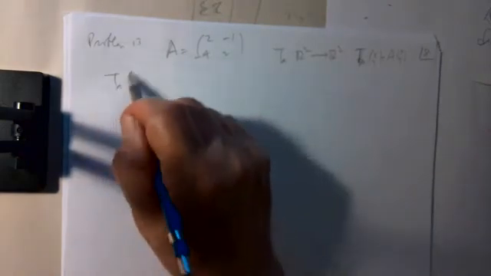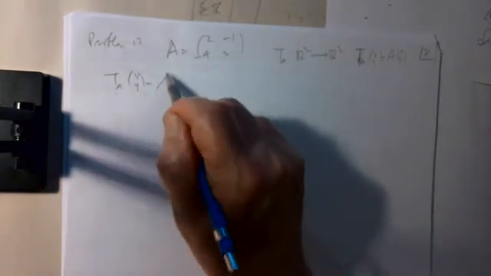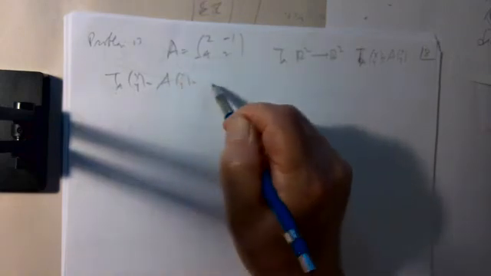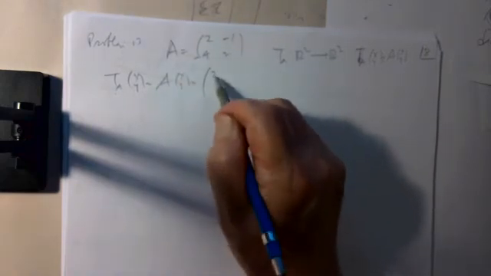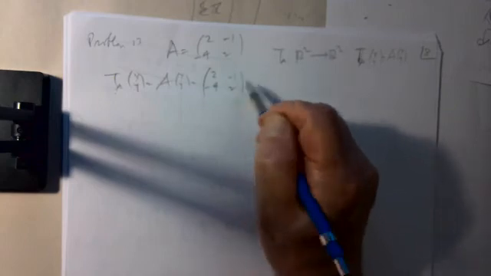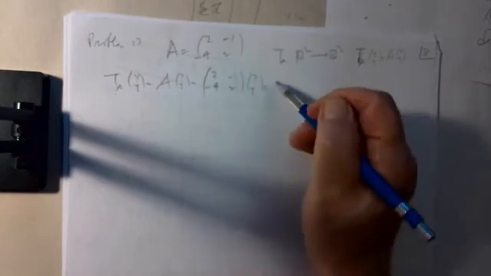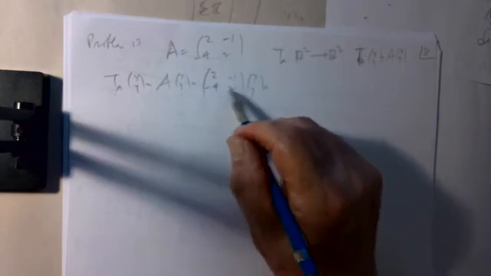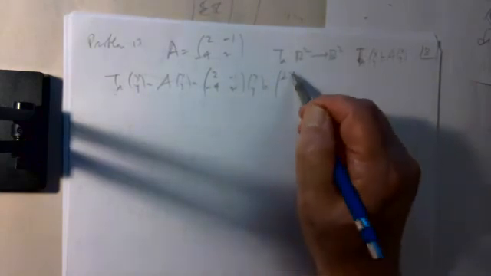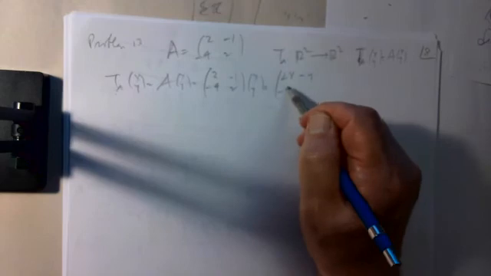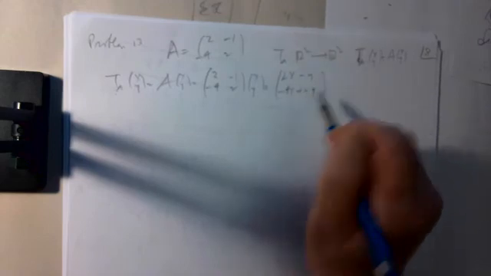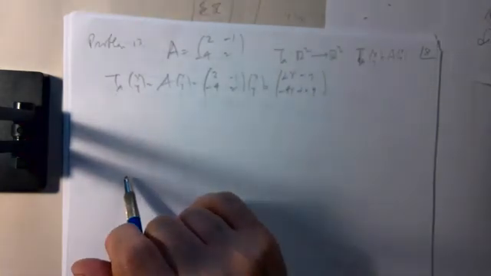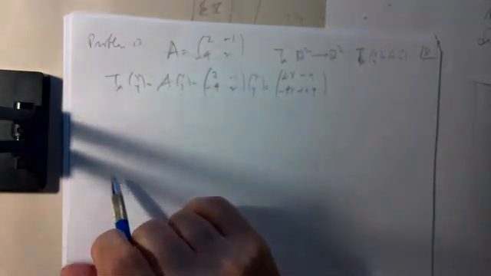If I want to write it out, T sub A of xy is A times xy. A is the matrix 2, minus 4, minus 1, 2 times xy. When I multiply the matrix times the vector, I get 2x minus y, minus 4x plus 2y. So this is explicitly the linear combination.